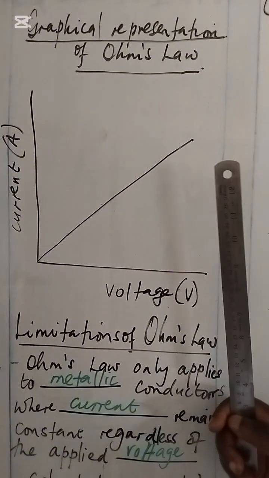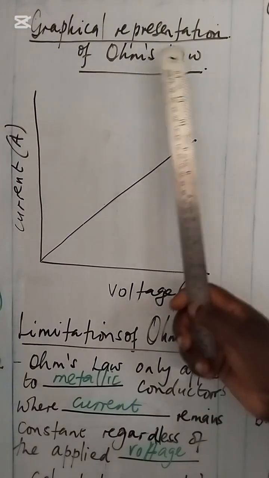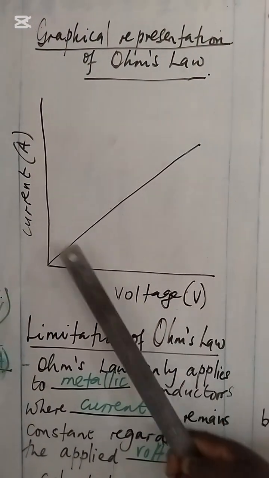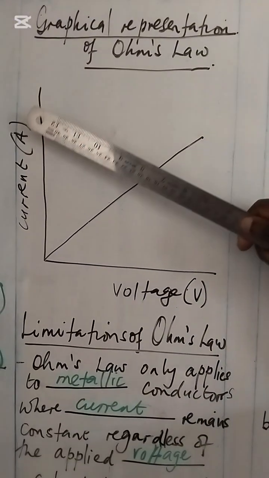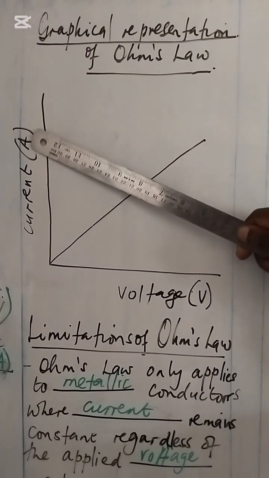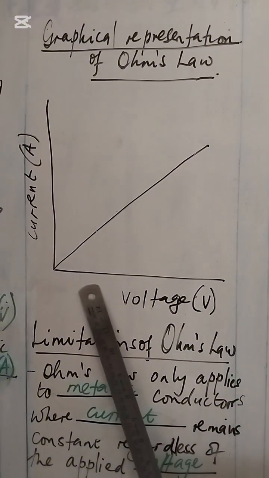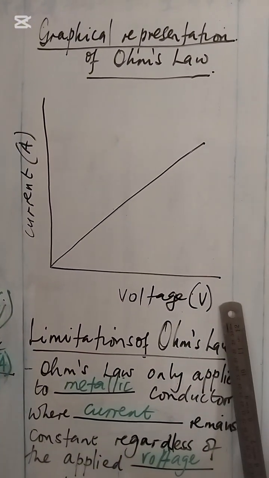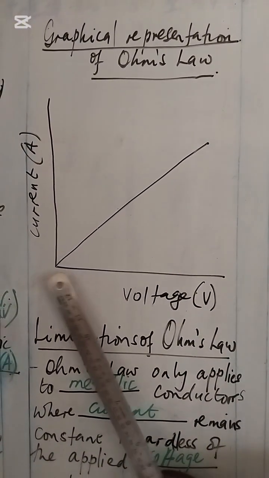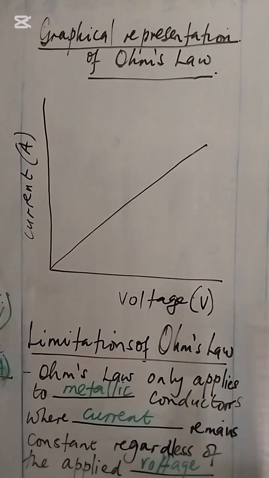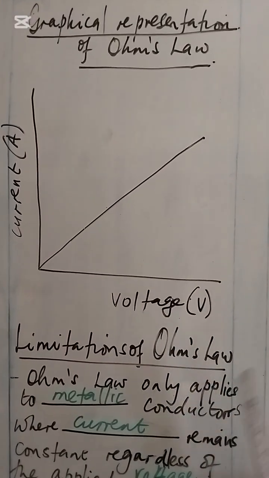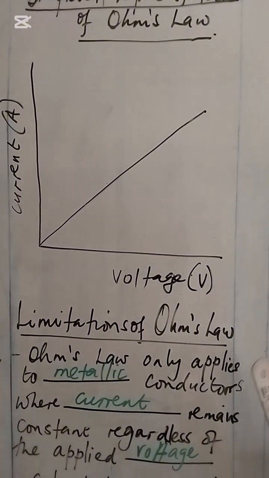We represent Ohm's law graphically as follows. Here we have current which is measured in amperes, then voltage on the horizontal or x-axis, which is measured in volts. Then what are the limitations of Ohm's law?